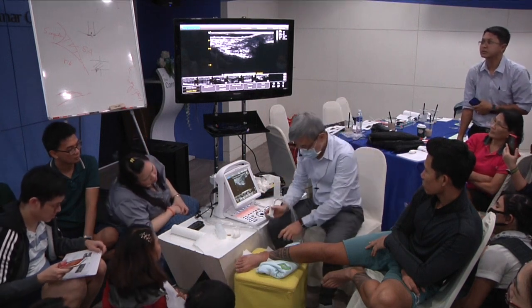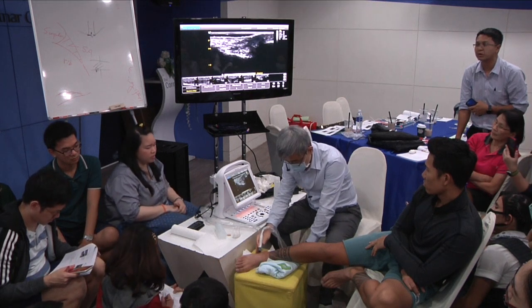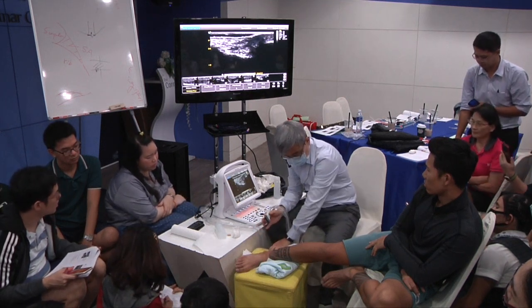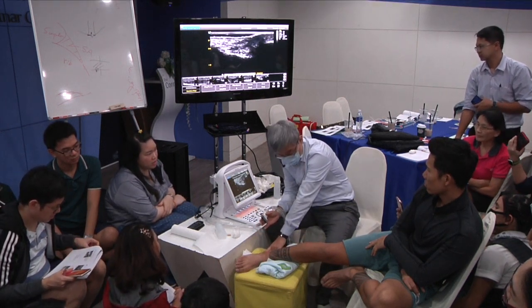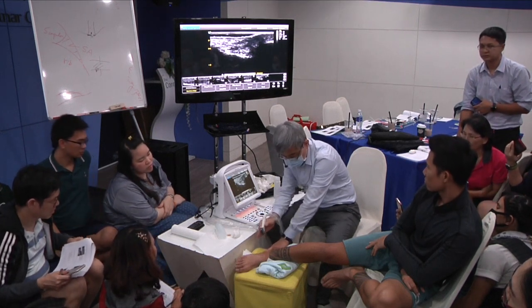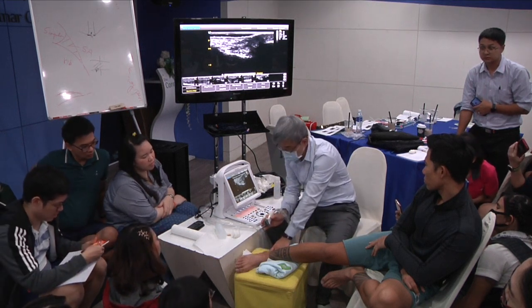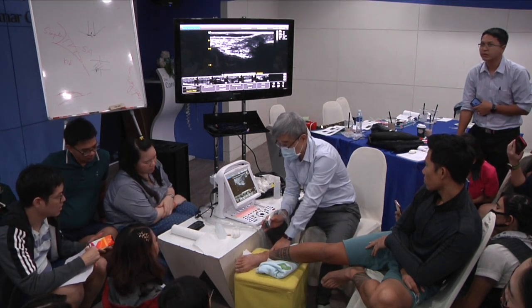PTFL. Find the lateral malleolus and the calcaneus. The top of the calcaneus is for tibia posterior.